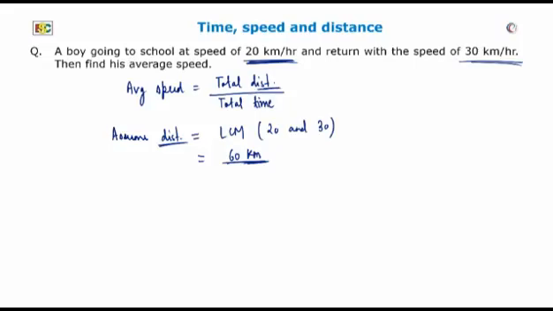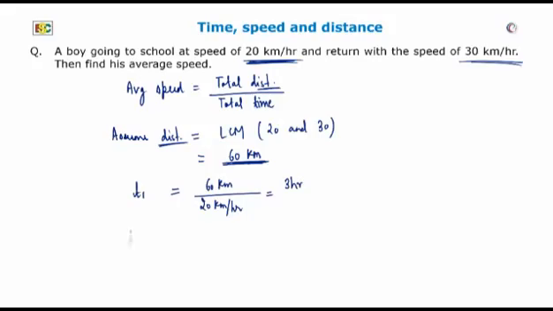Now, T1 is the time taken by a boy while going to the school, and that will be equal to distance, that is 60 km, upon speed, that is 20 km per hour, and this will be equal to 3 hours.